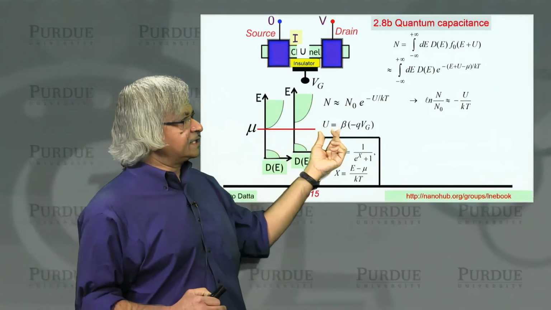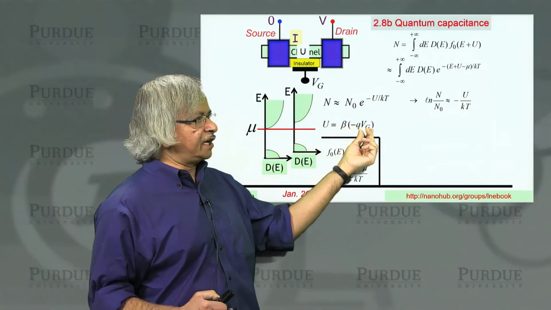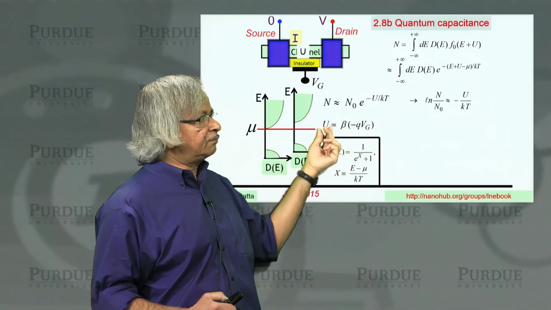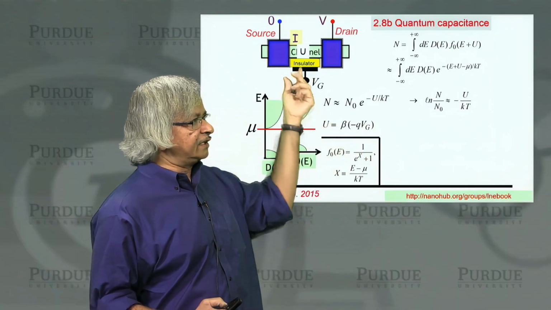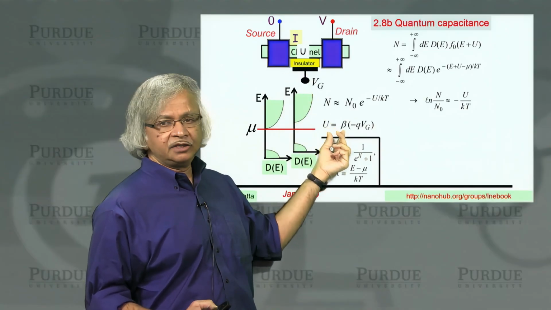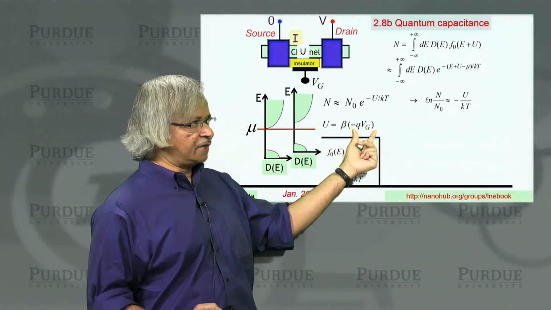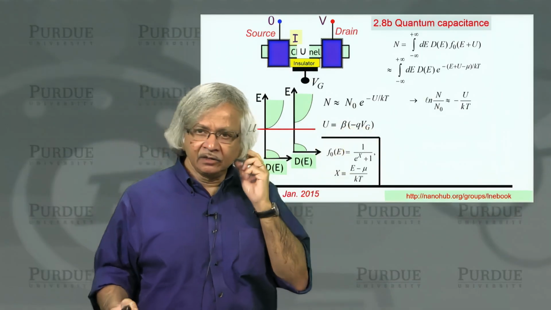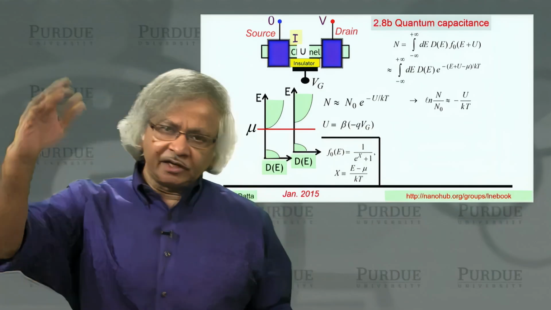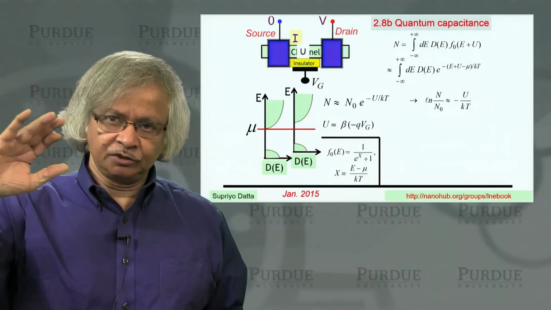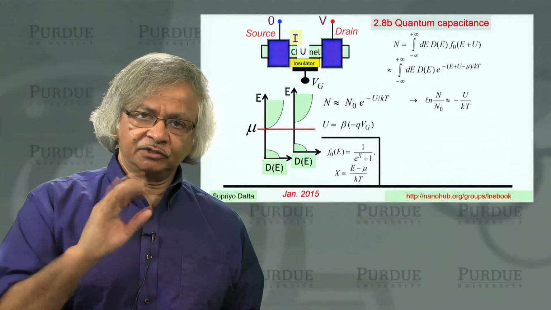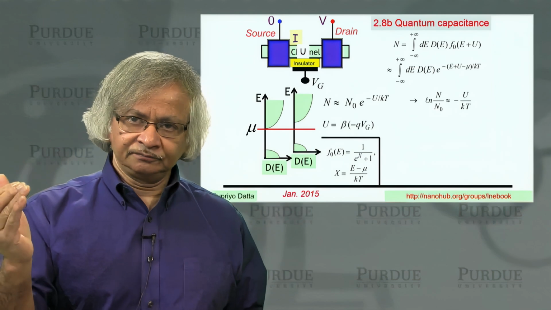And let us assume that when I change the gate voltage, the potential U inside the channel changes by an amount equal to a factor beta times q times Vg. That is, ideally, what would happen is, if I change the gate voltage by, say, 1 volt, then the potential in the channel would change by 1 electron volt.